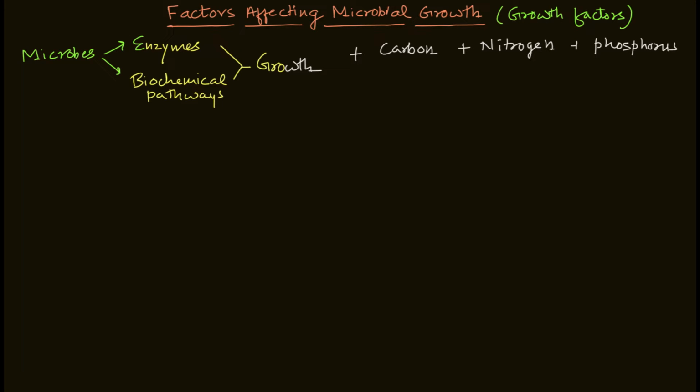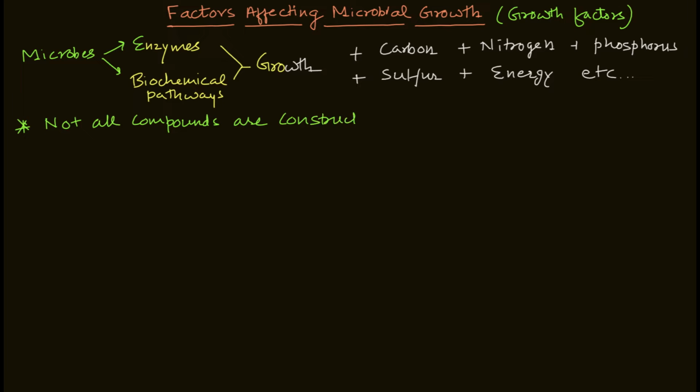You need carbon, nitrogen, phosphorus, sulfur, energy. You also need energy to carry out various biochemical pathways. I have discussed many compounds in my previous videos, so if you haven't seen those videos, I'm going to recommend that you watch them and understand the function of these nutrients.